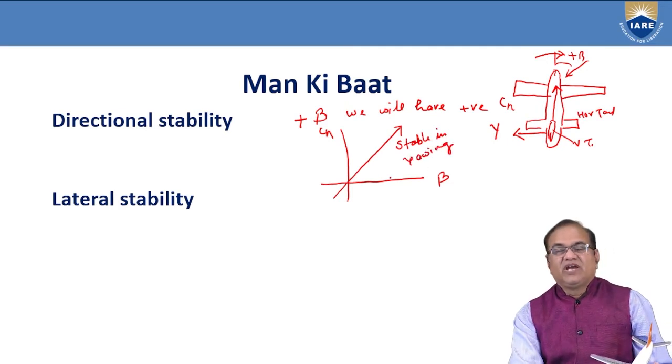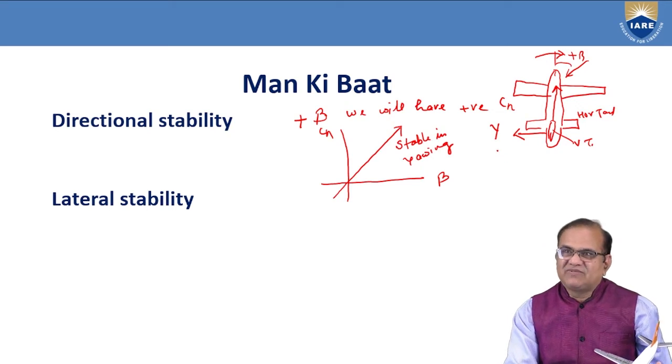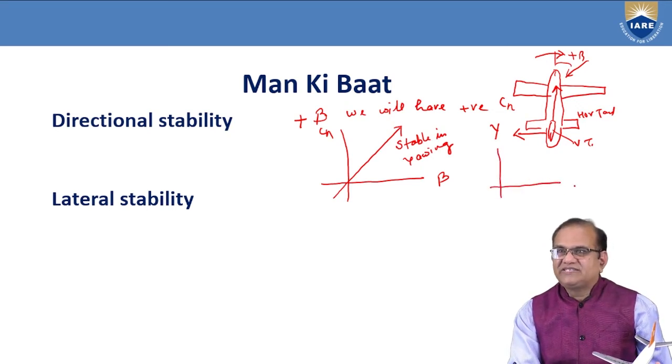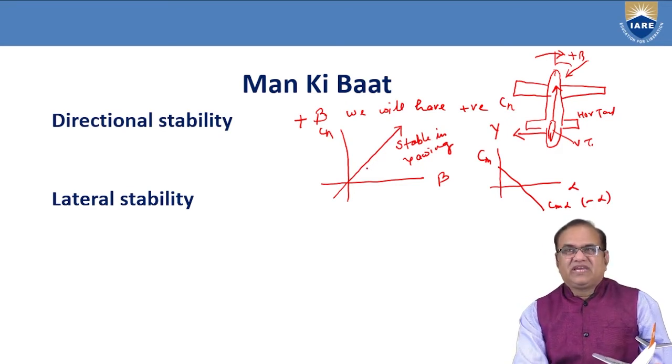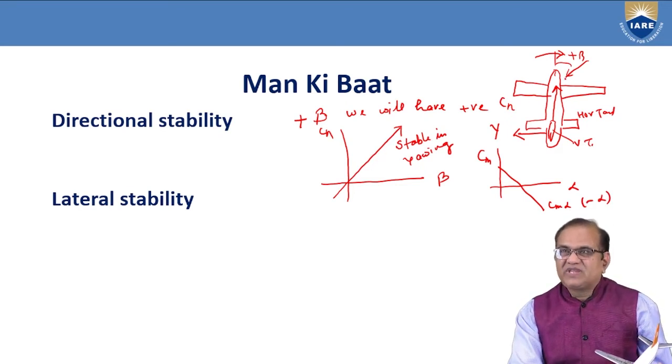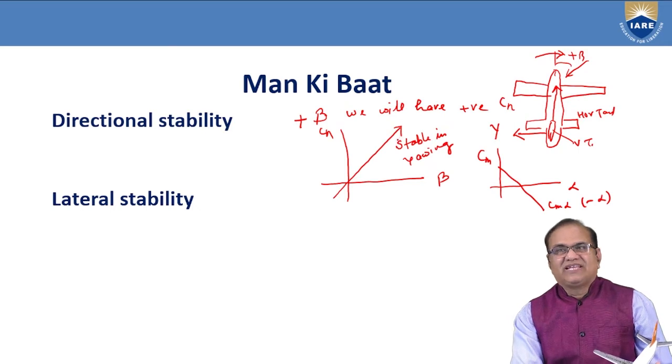We have seen in the longitudinal static stability case, this is the alpha and this is the Cm. In that it was going down. So there it is Cm alpha, and Cm alpha is negative. But here it is not so. It is neutralizing this beta and making this aircraft directionally stable, and these parameters will go like this.